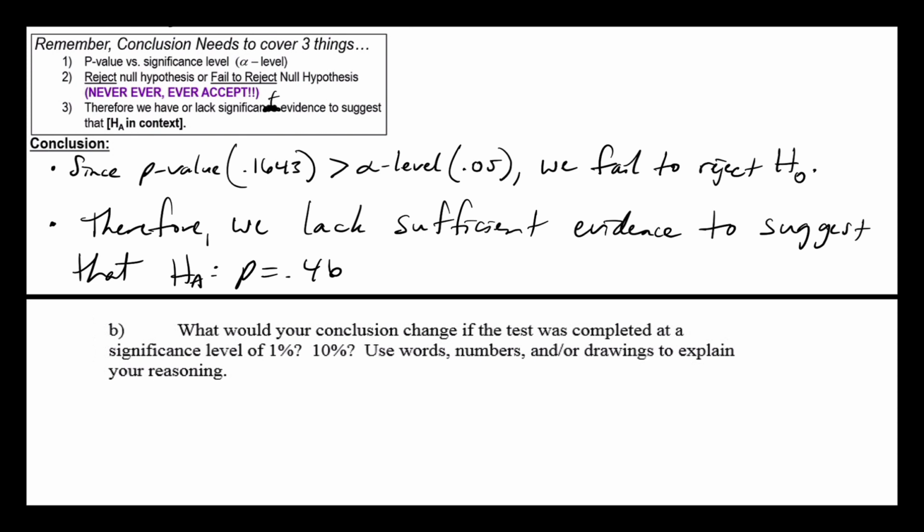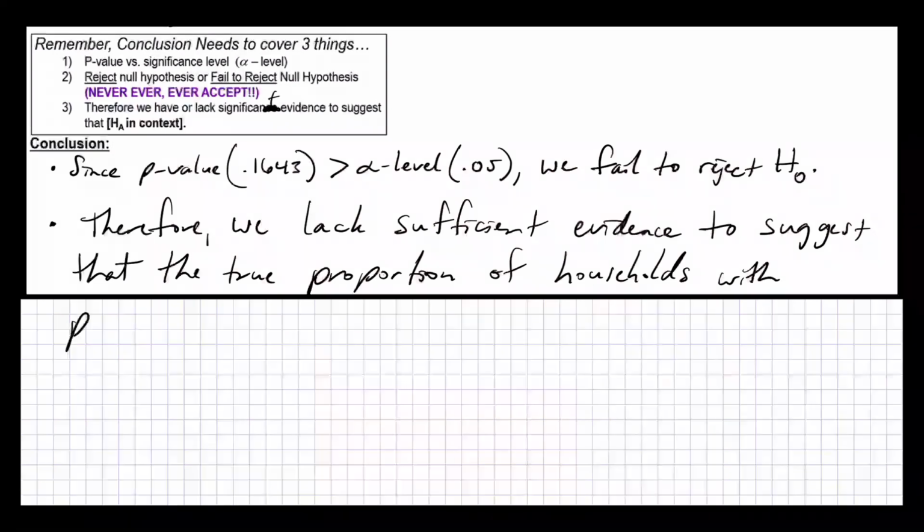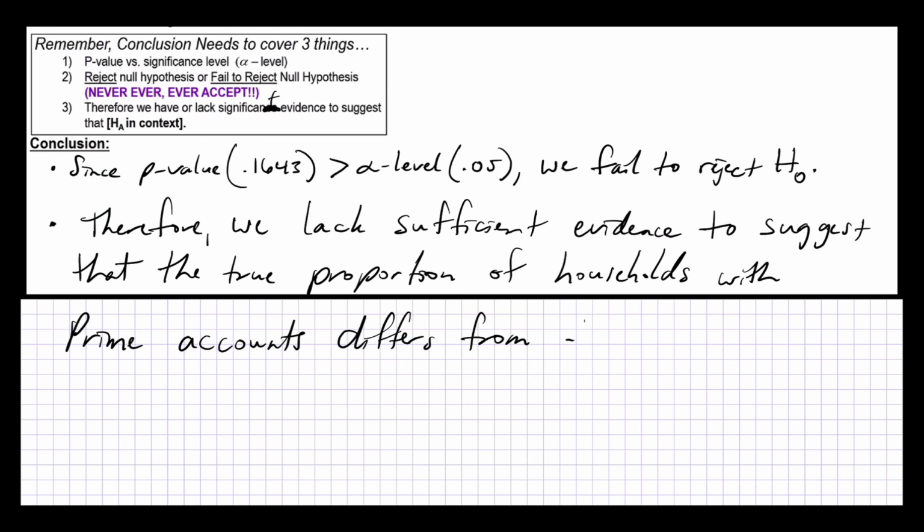That's symbols. So we have to put that in context. Okay? So what that says is the true proportion of households with prime accounts differs from 0.46.